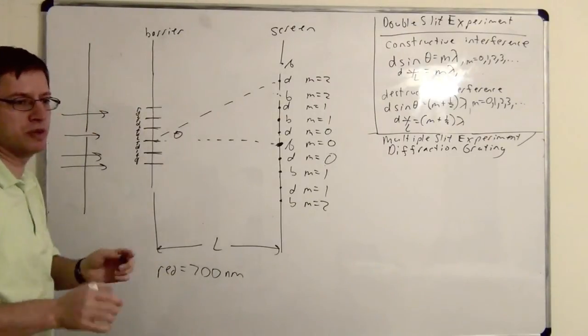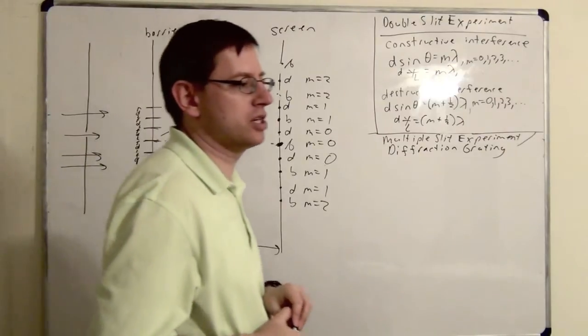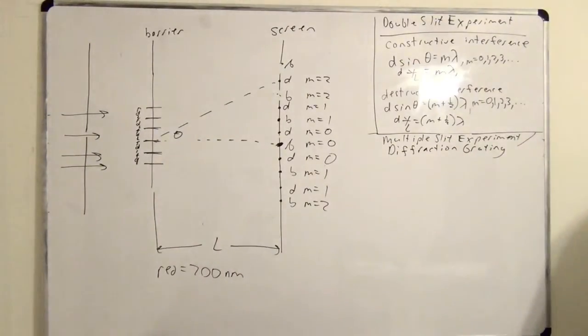No, it's just the distance between slits. So it's really the same exact definition as from the double slit experiment. There, D was the distance between adjacent slits, and here D is also the distance between two adjacent slits.